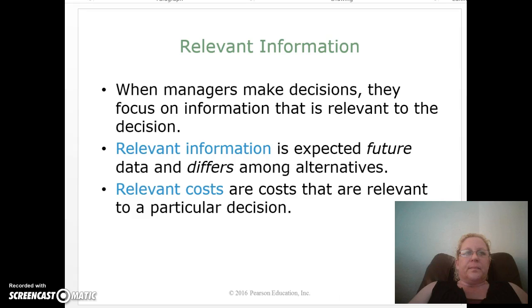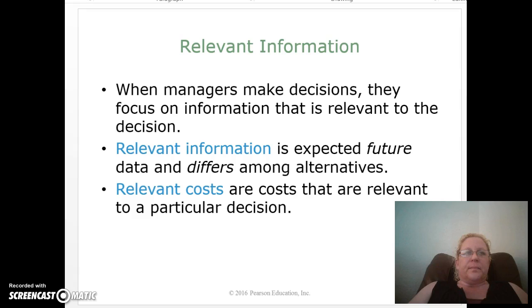When managers make decisions, they focus on information that is relevant to the decisions. Relevant information is expected future data that differs among alternatives. Relevant costs are costs that are relevant to a particular decision.